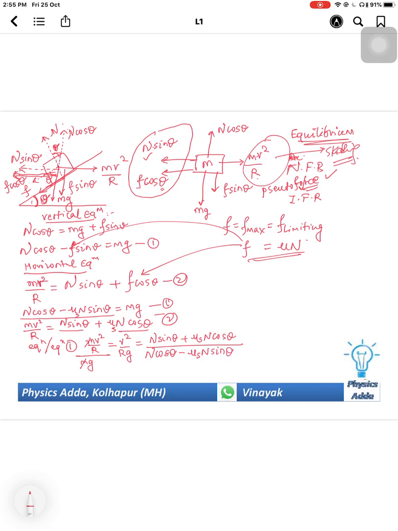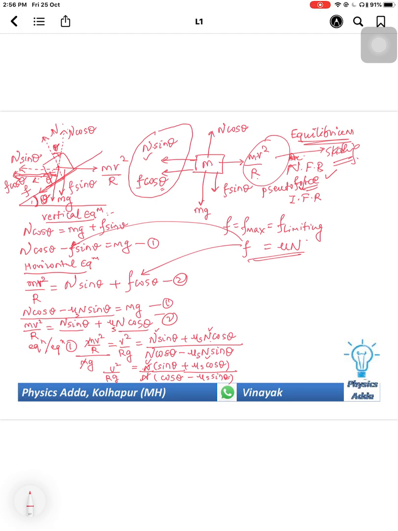Okay, so I'll take n common. This n by n gets cancelled. The remaining part will be sin theta plus mu s cos theta, and cos theta minus mu s sin theta. This is v square by rg.